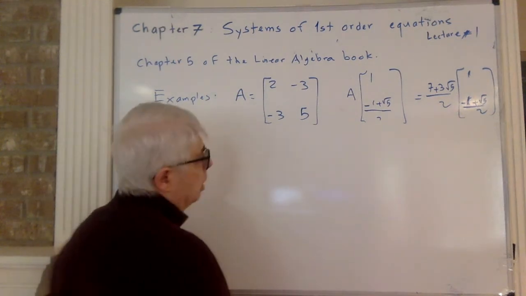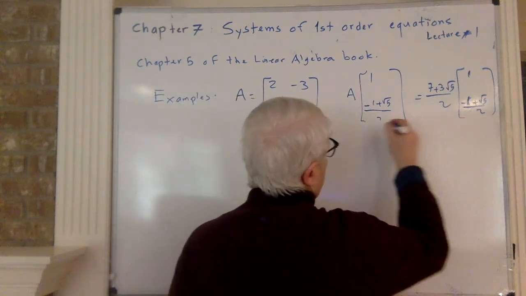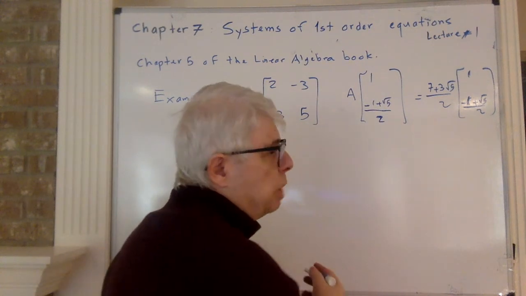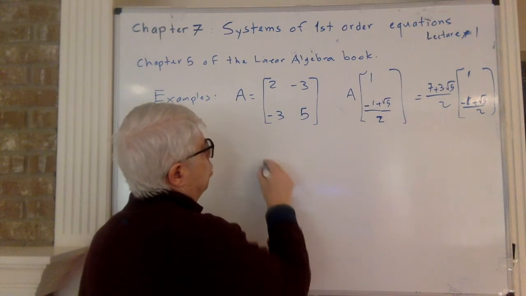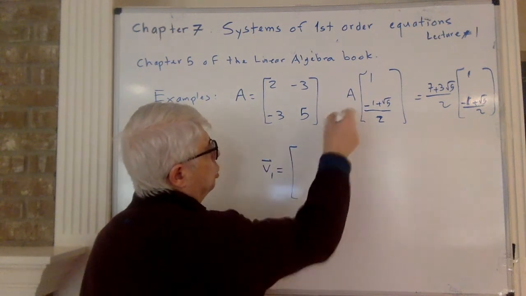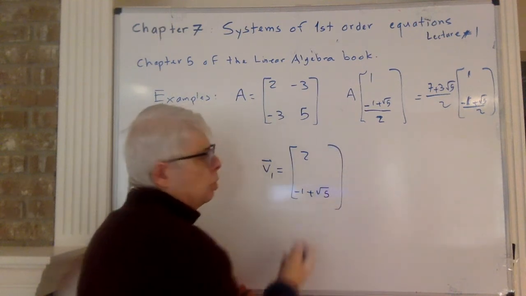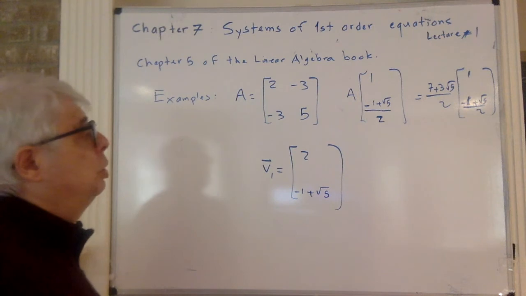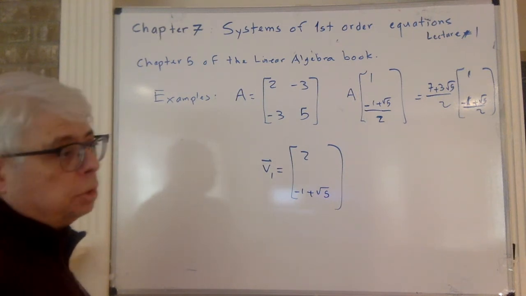In fact, the eigenvectors are, as I said and I say it again, this eigenvector can be any multiple of this. So if you don't like this 2 here, you can write v1, simply multiply it by 2. 2, minus 1 plus square root of 5. That is also an eigenvector. Most often you deal with or they ask you to write or find an eigenvector which is a unit vector.